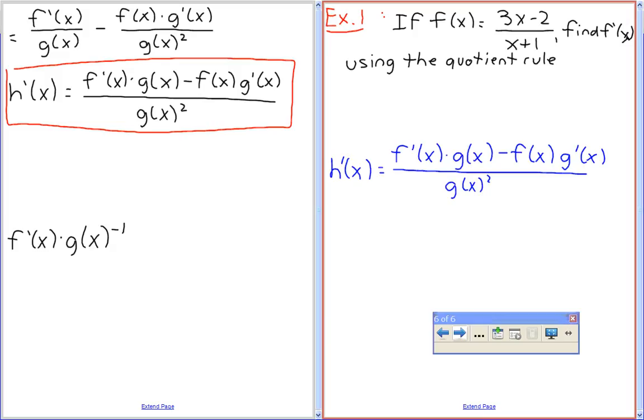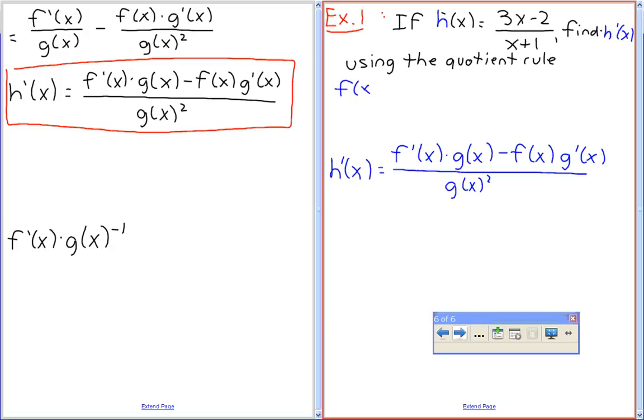I'll just call this h of x, if you don't mind. Sorry if you already wrote that in your notes.